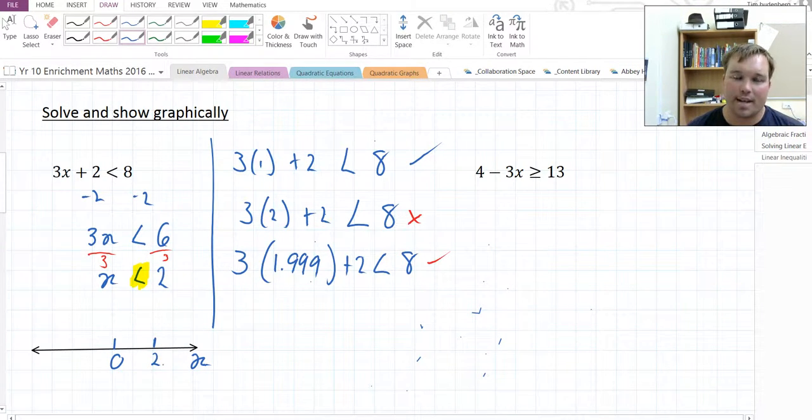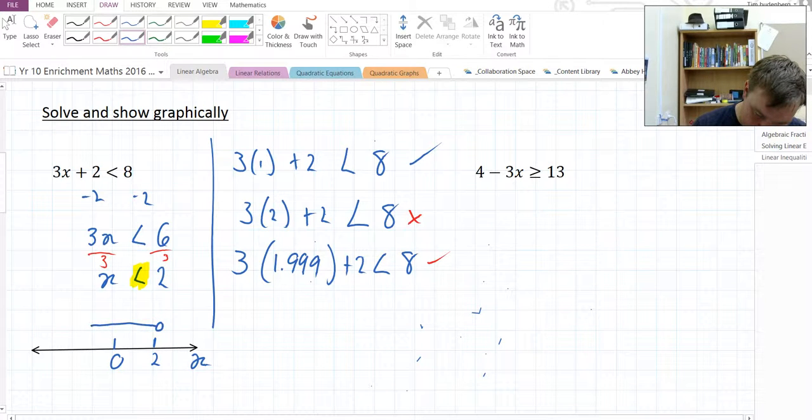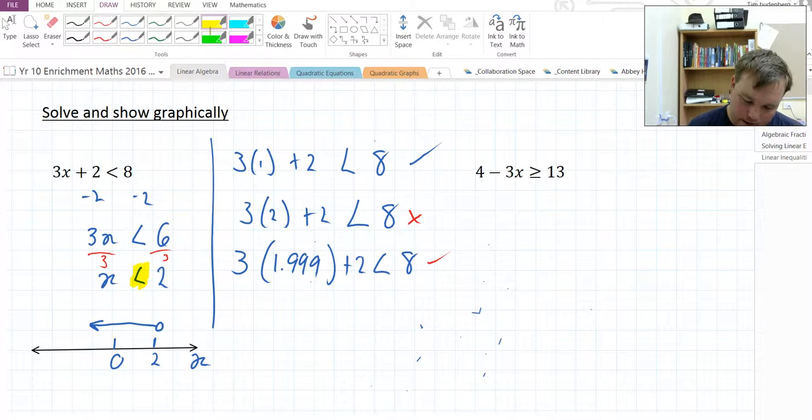And I'm going to say that anything less than 2 is an acceptable solution. So anything that way of 2 is acceptable. Note how this dot here is not coloured in, it's open.